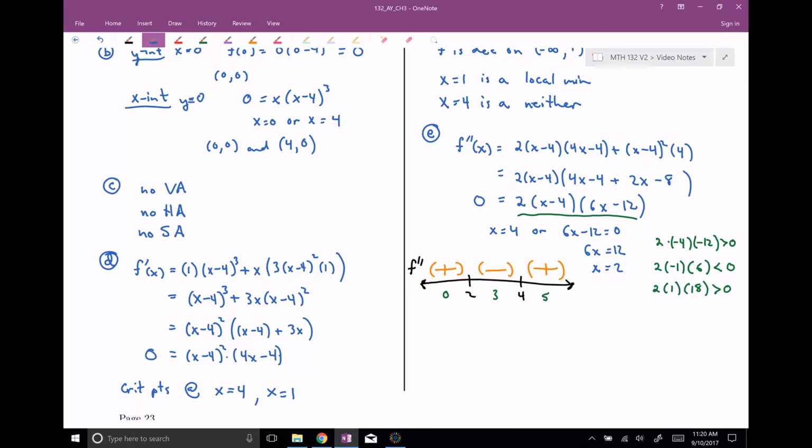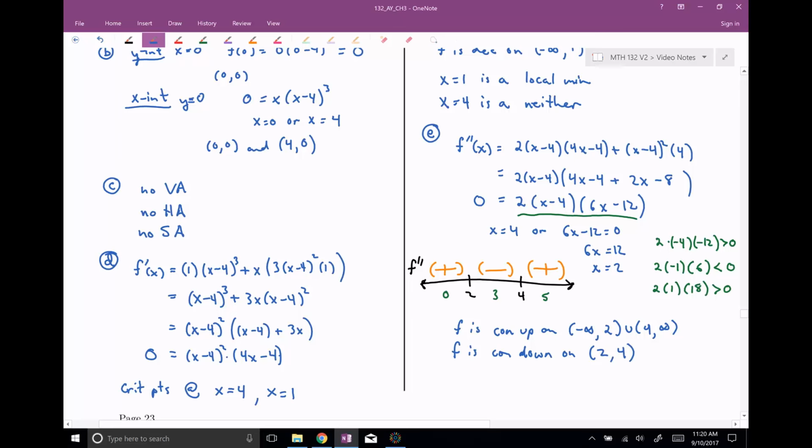Okay, so again, we're trying to ask about concave up, concave down, where there are inflection points, things like this. So F is concave up on negative infinity all the way up to 2, then again from 4 to infinity. F is concave down on 2 to 4.